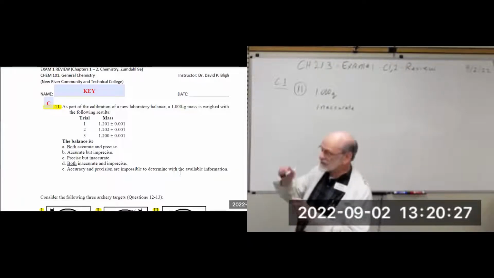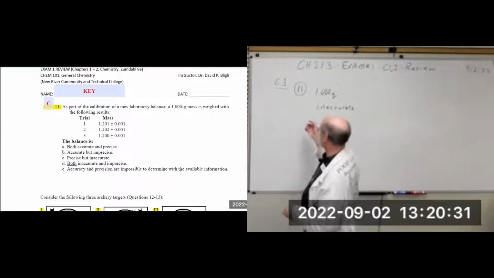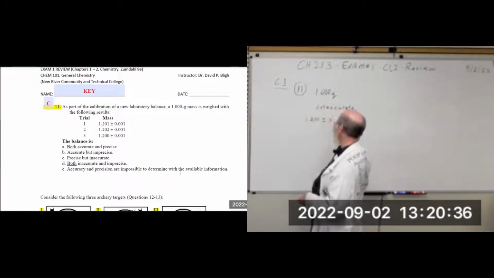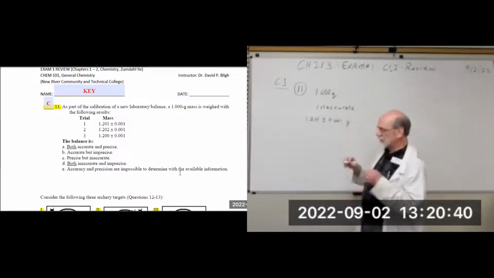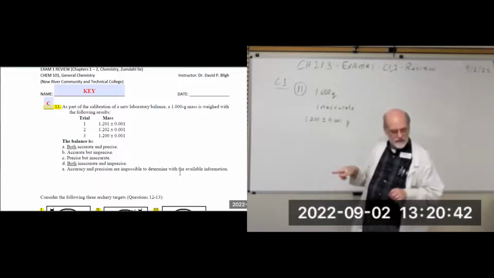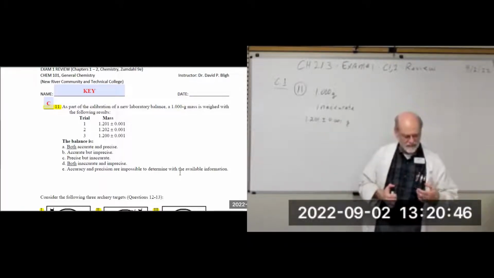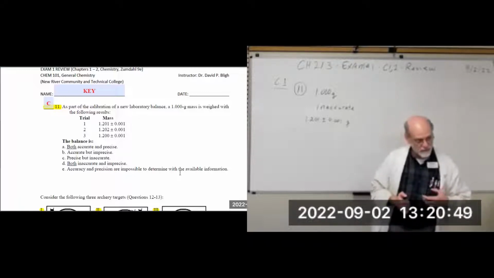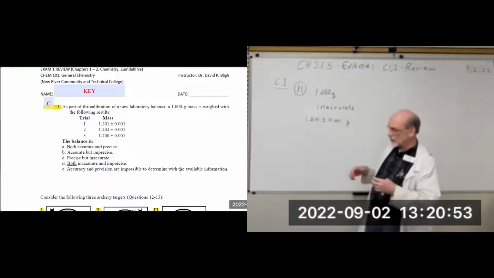Plus, one thing that's given here that I didn't mention in the lecture was, let's take the first one, 1.201 plus or minus 0.001 grams. This plus or minus references what we know about the balance. Right? The balance has been calibrated at some point in the past, and we know that it gives us reliable results.